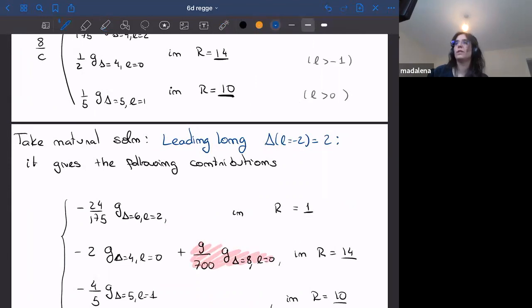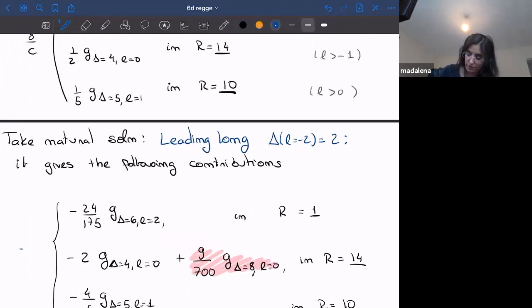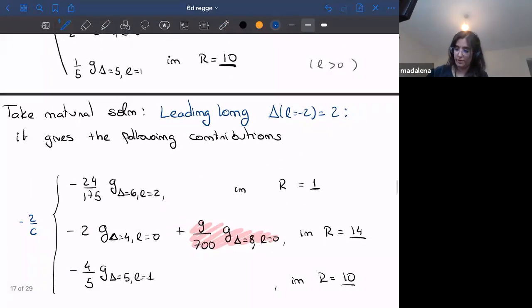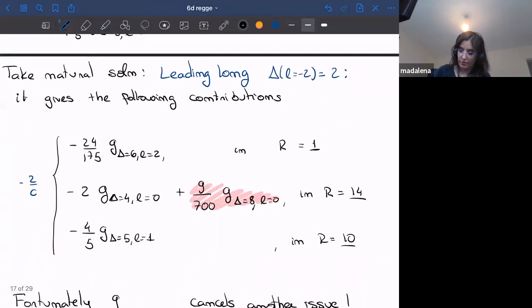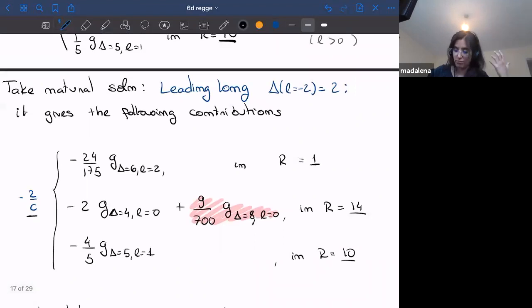But all the others work out if I put here a contribution of -2 over C. So if I fix the OPE coefficient of the leading long at spin -2 like this, I add the stress tensor in the leading long trajectory, as also happens in bosonic CFTs like the O(N) model. But here the added thing is that it's actually happening at negative spin.